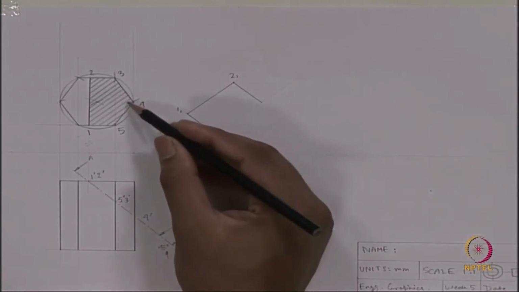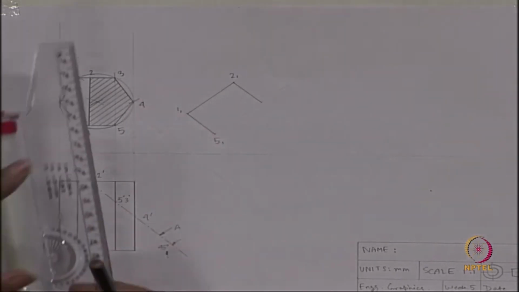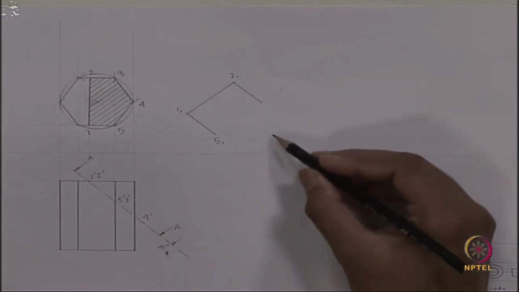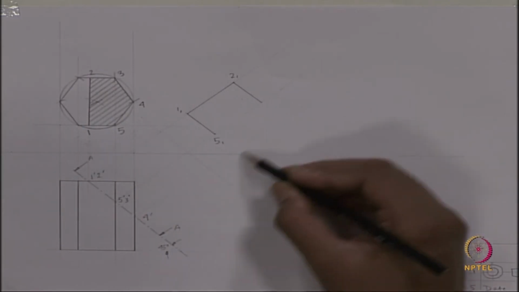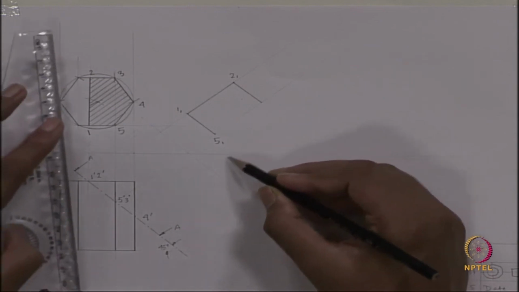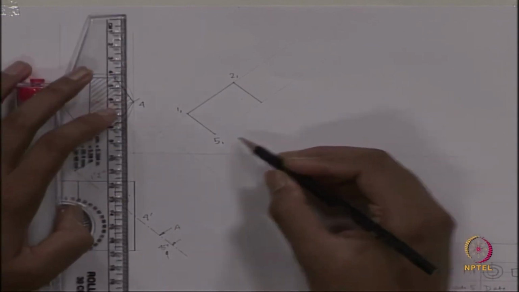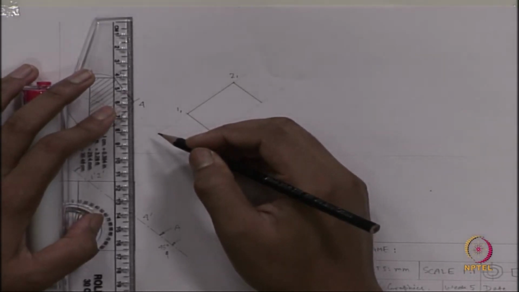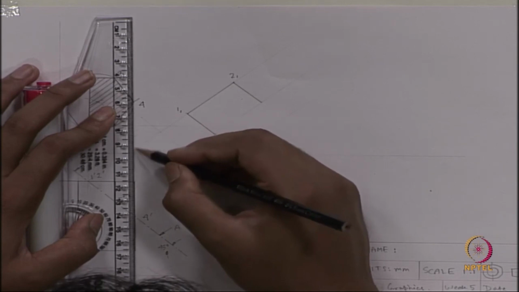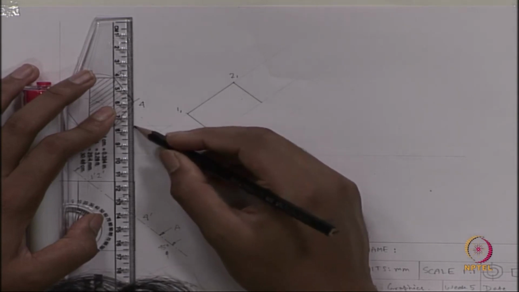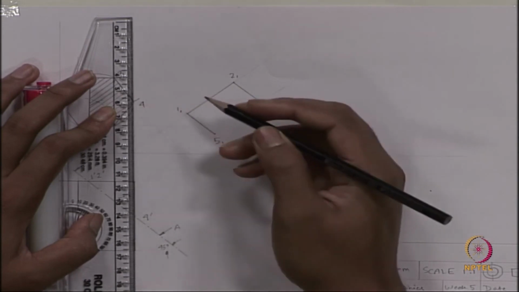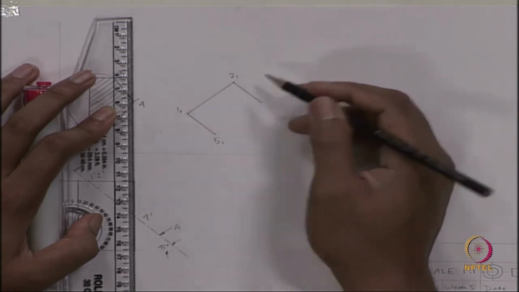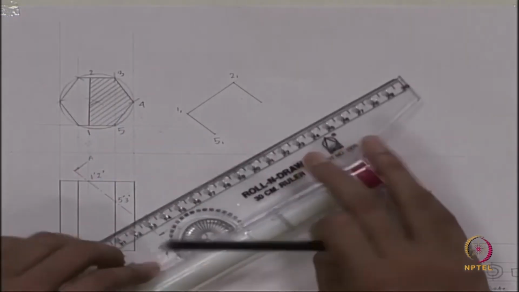The rest is the point 4. The position of point 4 will be on the projection line drawn from front view, but the exact location of the point we have to get using the distance from top view. The exact location is around 37 from the reference line.